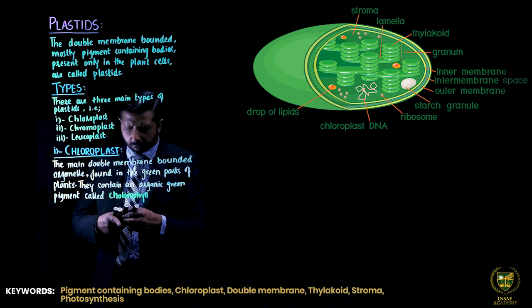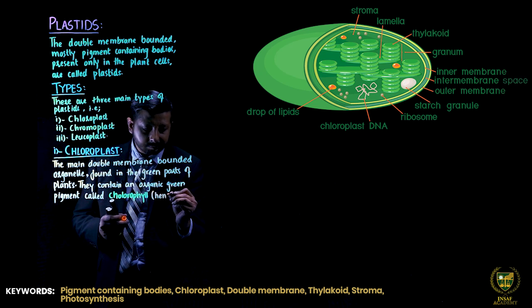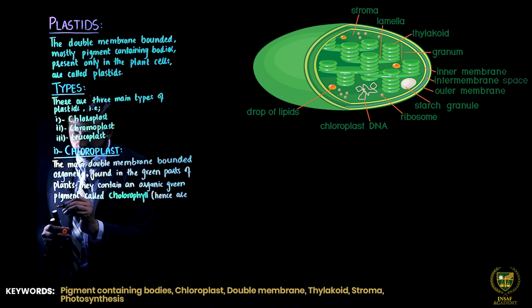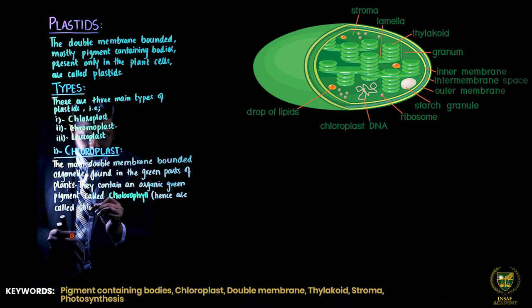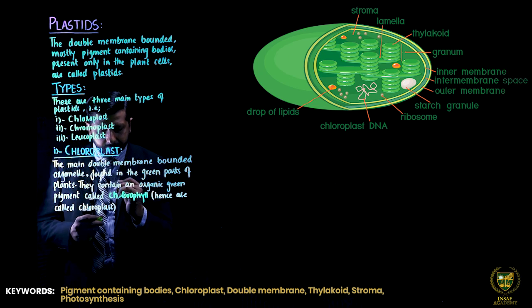Hence, they are called chloroplasts, because of this green pigment. Clear? So, chlorophyll.